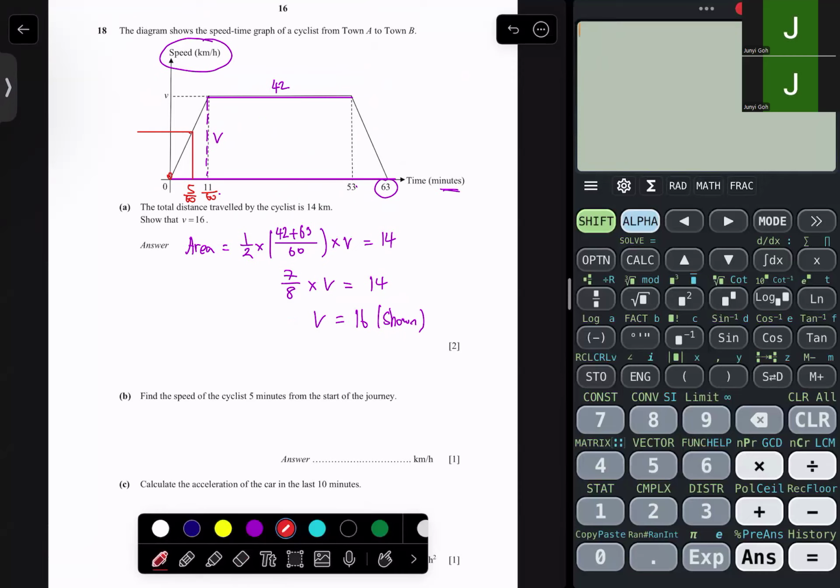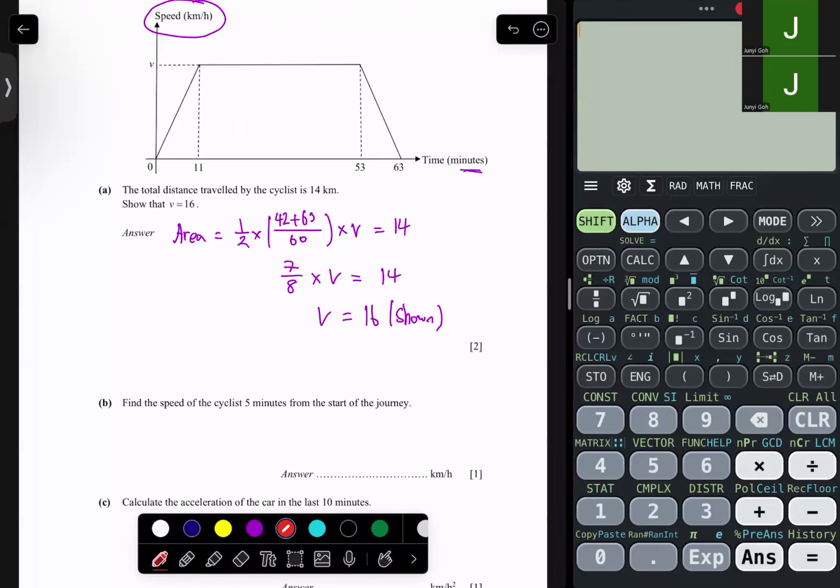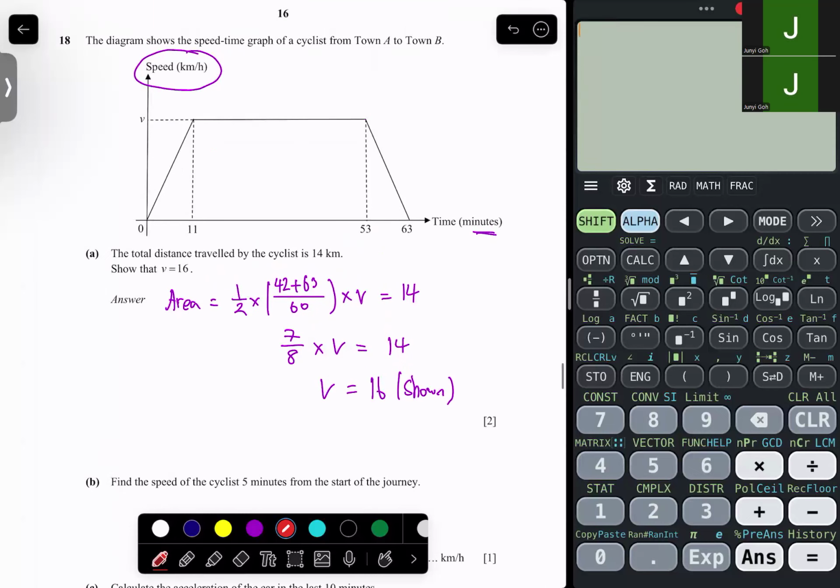Okay, let's start all over. Find the cyclist speed in minutes. The scale is confusing.